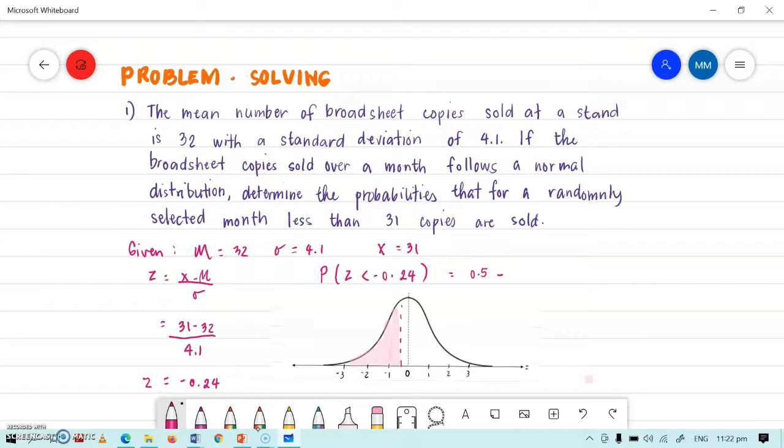Using our z table, the corresponding area from 0 to negative 0.24 is equal to 0.0948, and subtracting 0.0948 from 0.5, we have 0.4052, and that is the area of our entire shaded region.